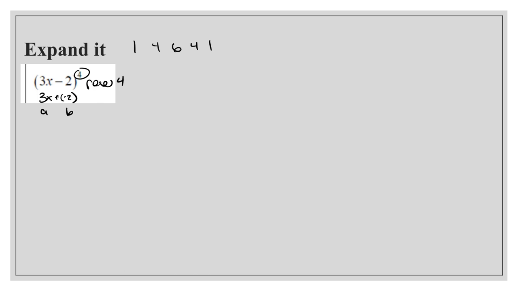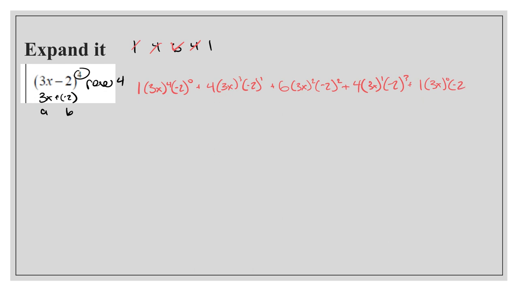Okay. So we have 1 times a to the 4th times b to the 0 plus 4 times a to the 3rd times b to the 1st plus 6 times a to the second times b to the second plus 4 times a to the first times b to the third plus 1 times a to the 0 times b to the fourth.